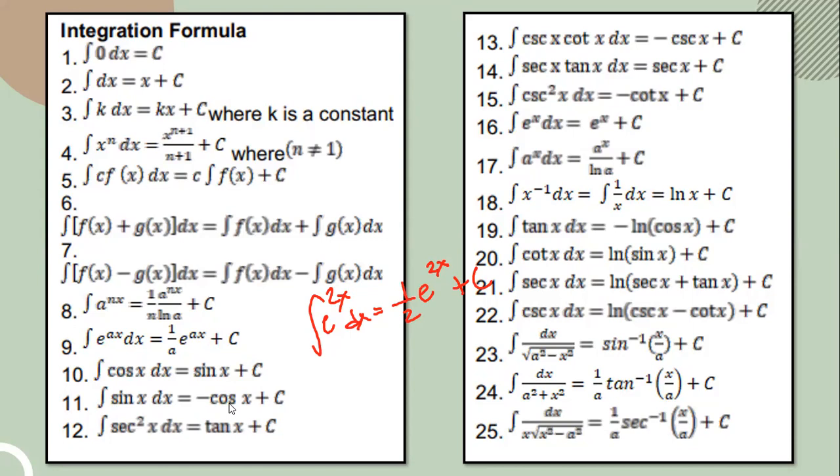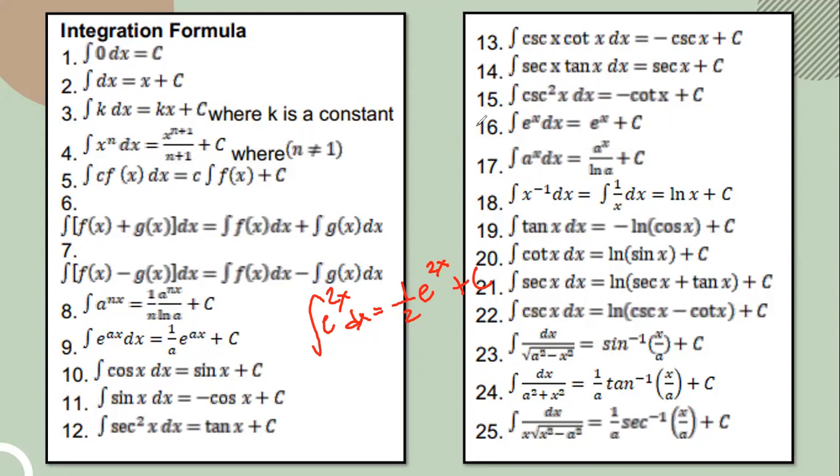Integral ni sine, that will be negative cosine. Integral ni secant squared, that is tangent. Integral ni cosecant x cotangent x is negative cosecant x plus c. Then number 14, integral of secant x tangent x, nanggaling siya sa secant x, plus c. 15, integral ni cosecant squared x dx is equal to negative cotangent of x plus c.